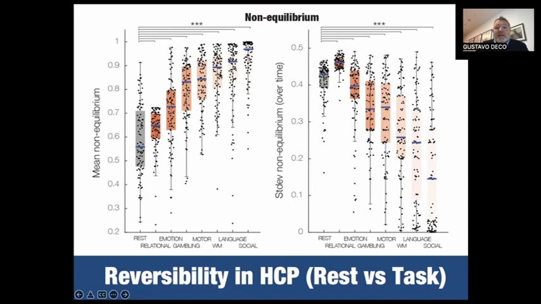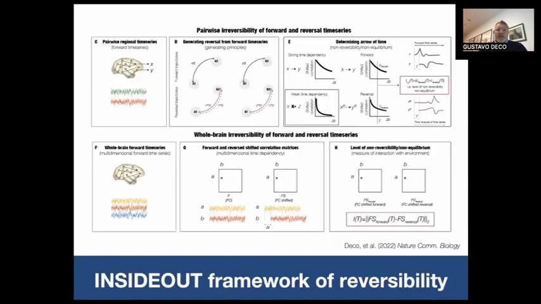And that is exactly what we are characterizing in this indirect way with this measurement. Here, of course, you see the result on the sliding windows, the variability of this level of reversibility across time, reflecting the different levels of non-stationarity. And it's also useful to see that, depending on the condition, we have significantly different levels of non-stationarity.